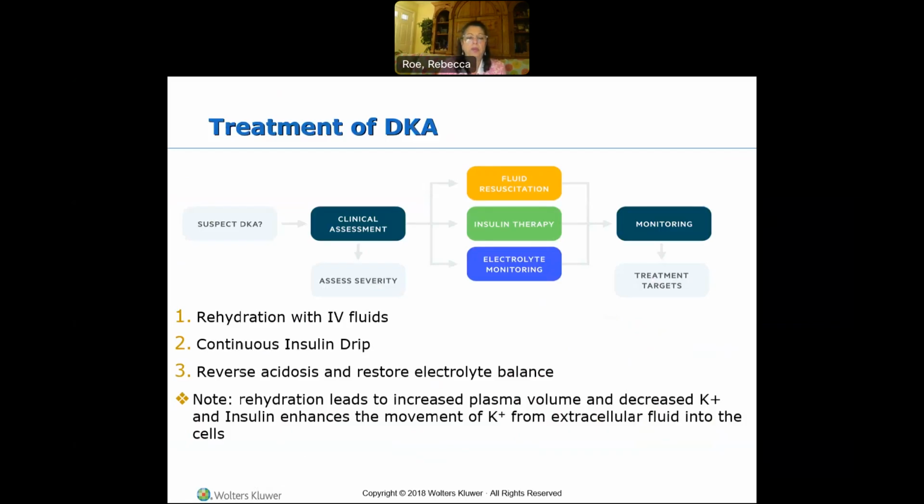And remember that when you rehydrate, you're going to increase that plasma volume, and you're probably going to have a decreased potassium. When you give insulin before you check their potassium level, it's going to enhance the movement of potassium into the cell. So you have to make sure that you treat that potassium before you give insulin. And that's the one caveat I have here.